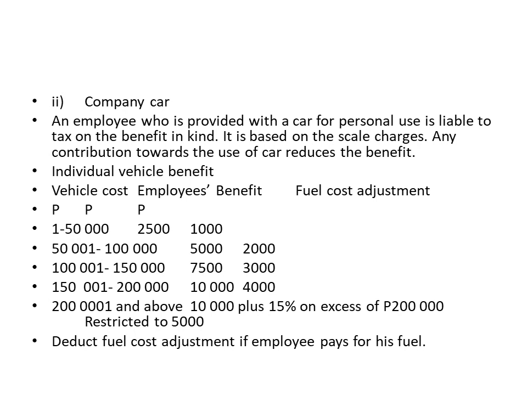However, if the employee paid for his own fuel, we are going to deduct 2,000, which is the fuel cost adjustment. Are we together? So if he's using a company car which was bought for 100,000 and is paying for his own fuel, the benefit is 5,000 less 2,000 for the fuel cost adjustment. Therefore, the taxable amount there would be 3,000 pula.